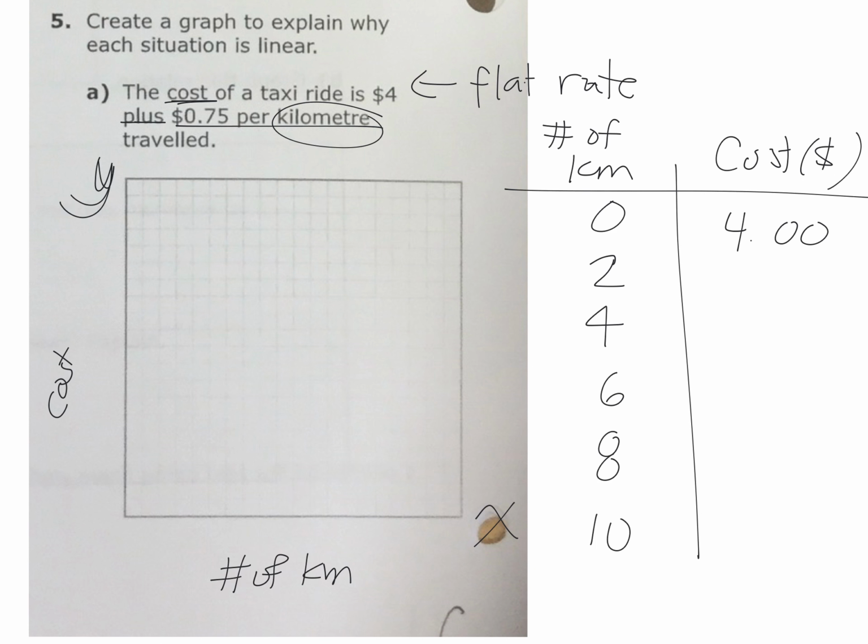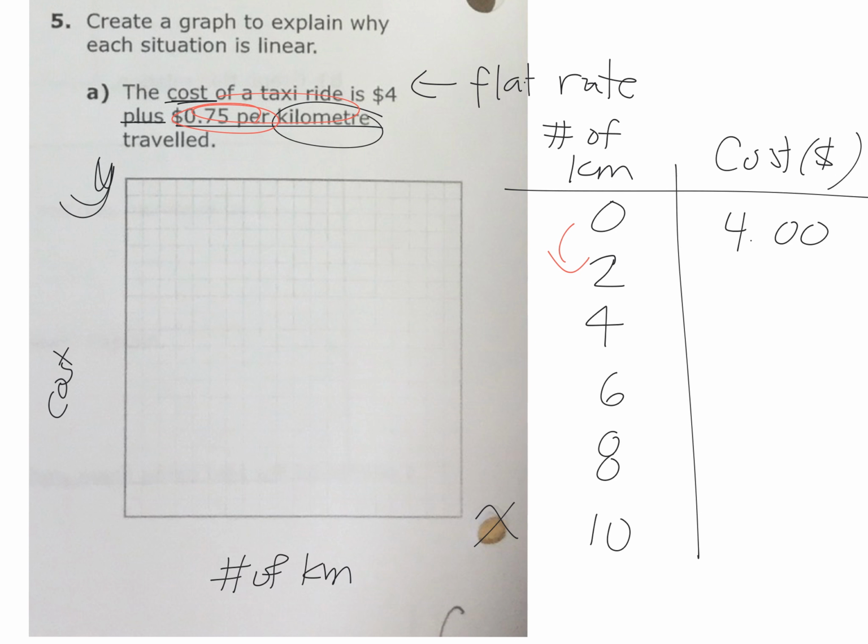Because it's 75 cents per 1 kilometer, but I made an increase of 2 kilometers in the table, so be careful here. If you travel 2 kilometers, you have to pay the $4 flat rate plus 75 cents plus 75 cents.